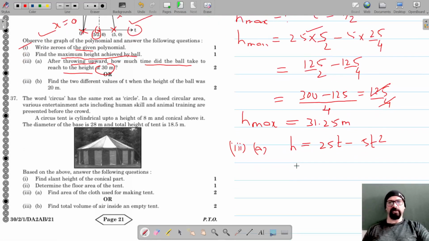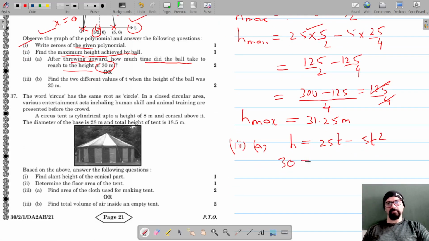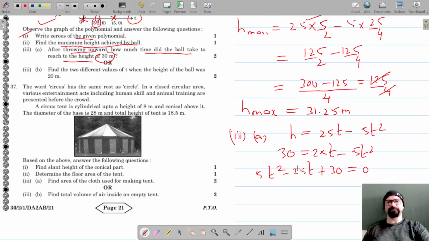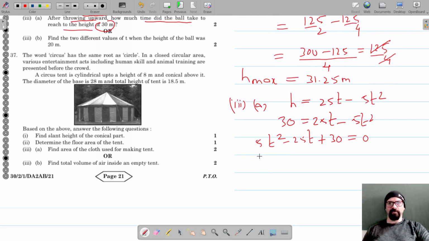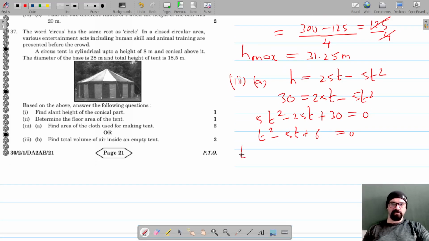Here height is given, so height is 30 meters, so 30 is equal to 25t minus 5t square, and shifting all these to the left hand side gives me 5t square minus 25t plus 30 is equal to 0. Okay, so 5 is common, so t square minus 5t plus 6 is equal to 0. And let's try to solve it using the factorization method.